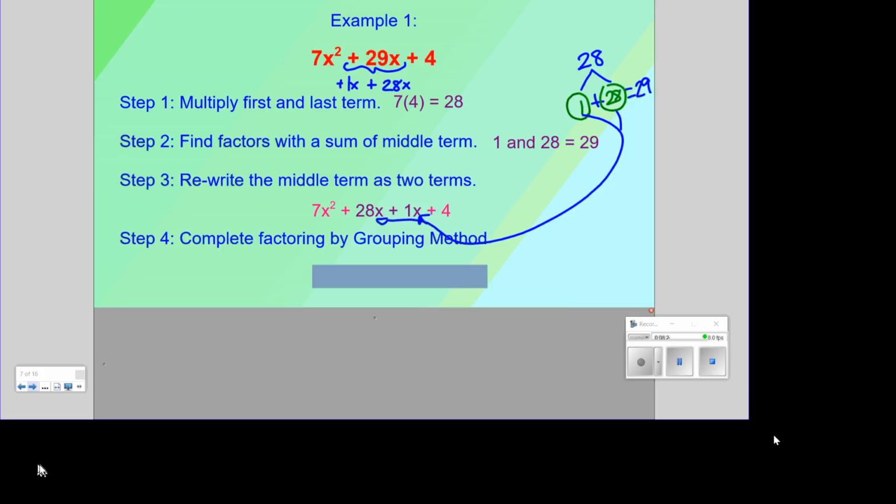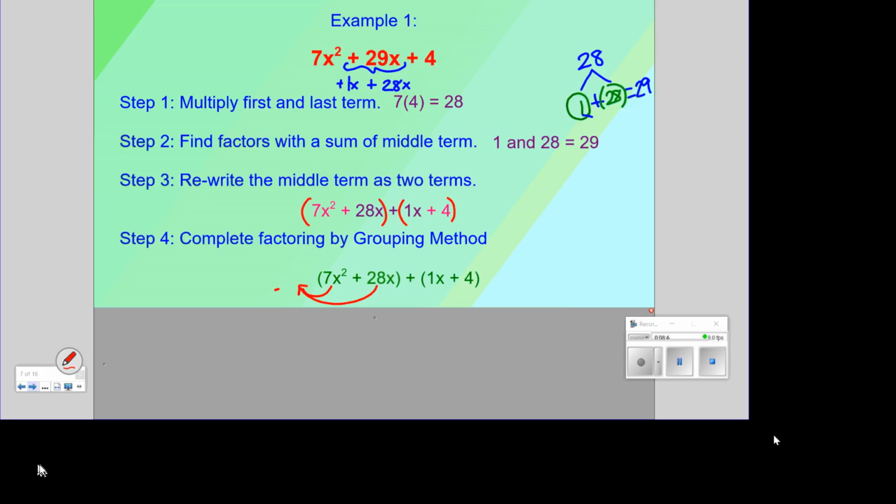We break it apart so that now we have a polynomial with 4 terms, and we will finish factoring this polynomial now with the grouping method. So we will group the first 2 terms together and the last 2 terms together and finish out as if this was the grouping method.